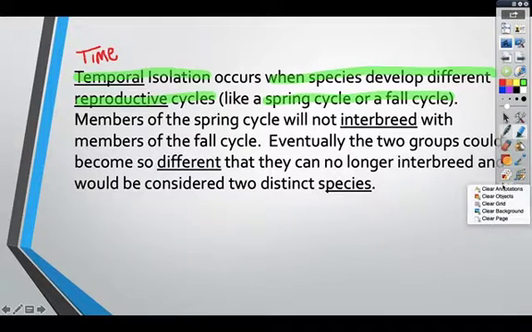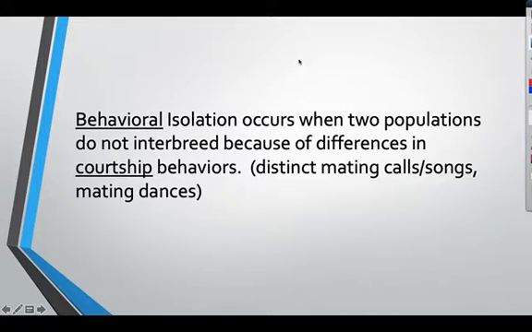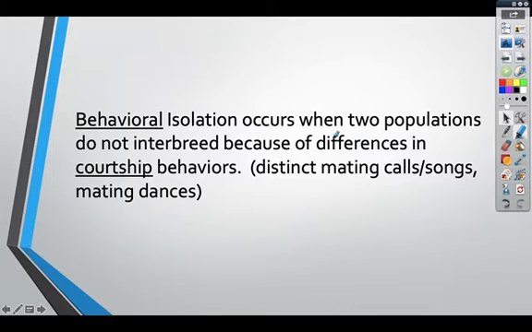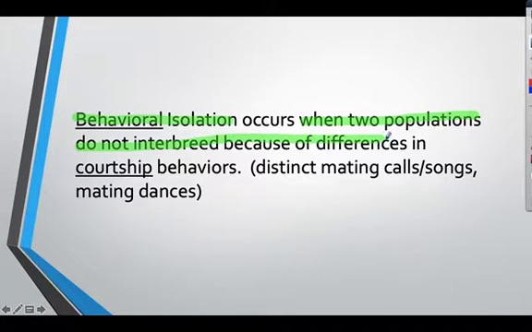Okay. And then the last type of isolation, the last thing we're going to be talking about today, is behavioral isolation. And just like the name suggests, it has to do with some sort of behavior, some sort of action. So this is when two populations do not interbreed, and it's all because of differences in courtship behaviors.